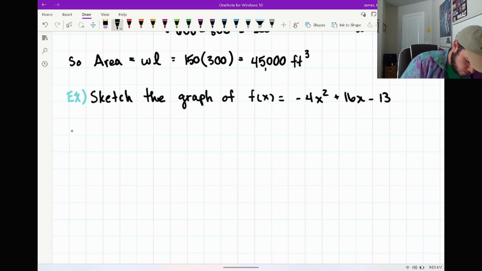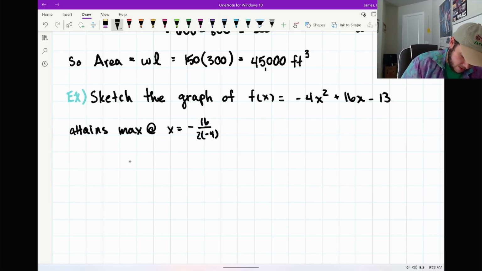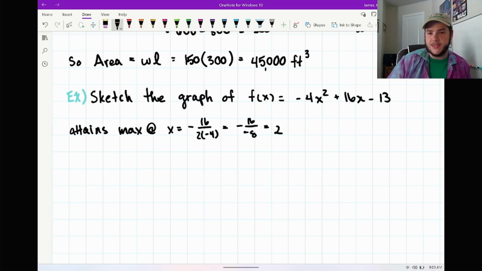So, I know this attains a maximum at x equals negative b over 2a, or that's going to be at negative 16 over negative 8, which is going to be positive 2. So this attains a max at positive 2.